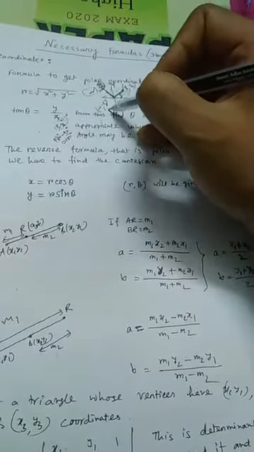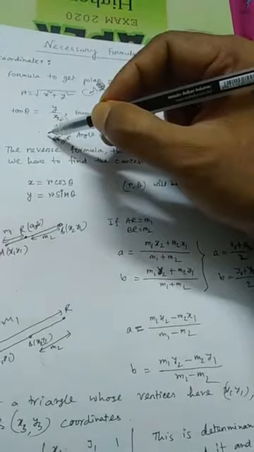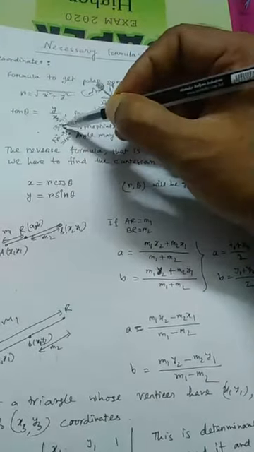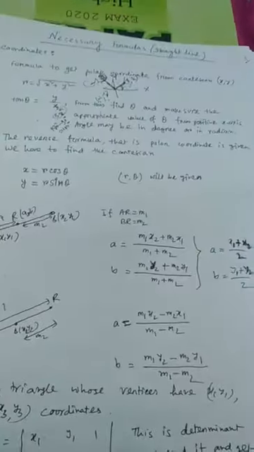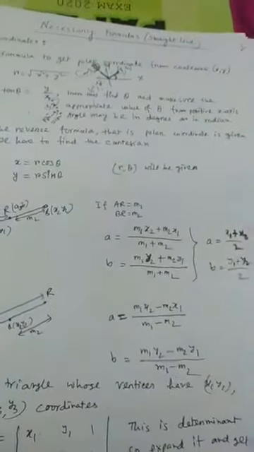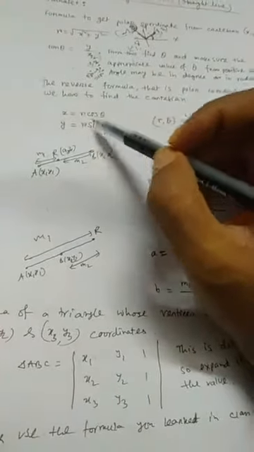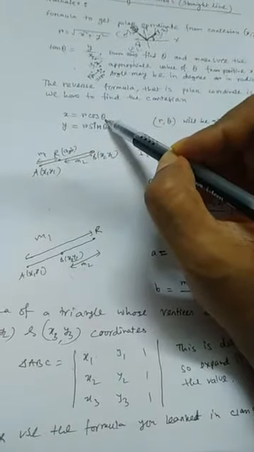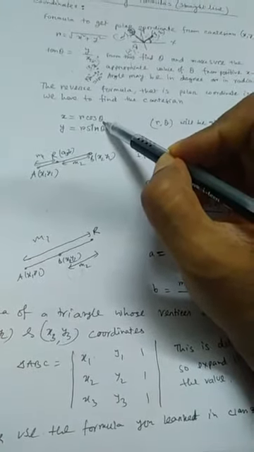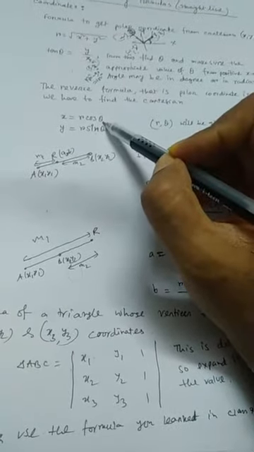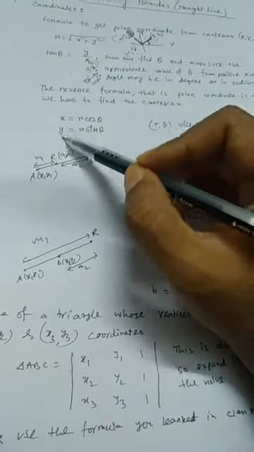So in the third quadrant, the angle will be 180 plus 30, so 210 degree. So I hope you have understood this concept. And the reverse one is, if r and theta are given, that is the polar coordinate is given, then how to find the Cartesian one, that is x and y.